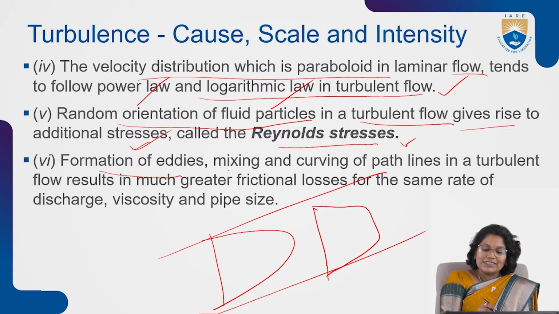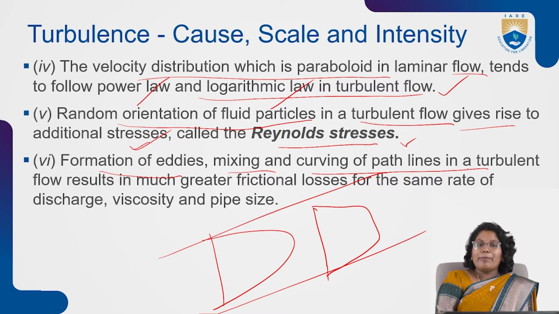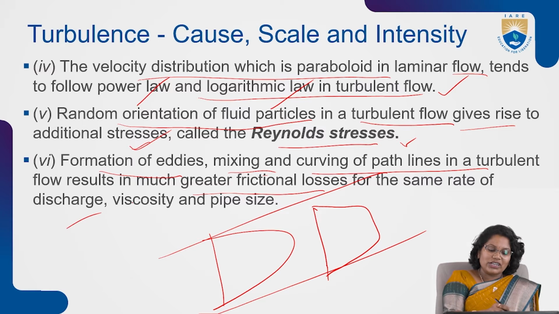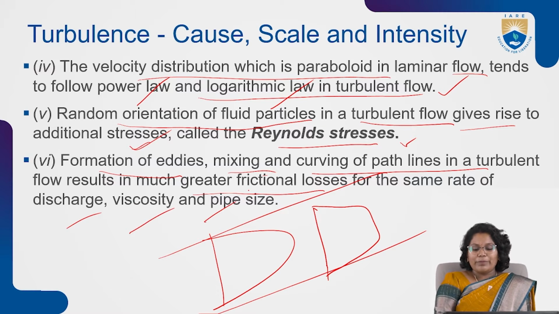The formation of eddies, mixing, and curving of path lines in a turbulent flow results in greater frictional losses than for the same rate of discharge, viscosity, and pipe size.